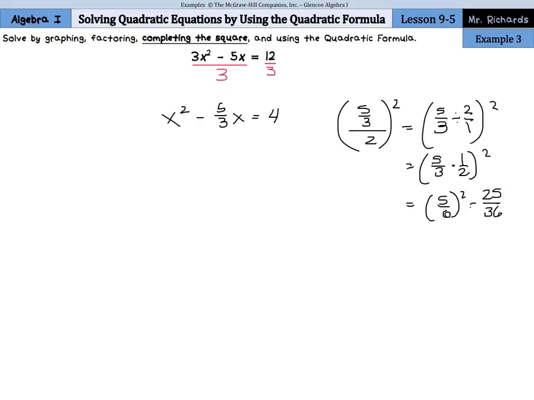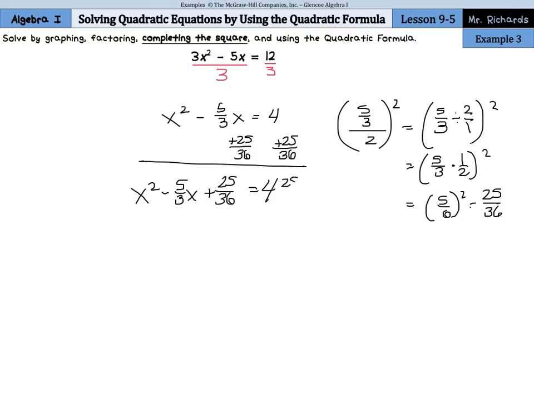So that's what I'm adding to both sides now, 25/36. And so now we have x squared minus 5/3 x plus 25/36 equals 4 and 25/36.